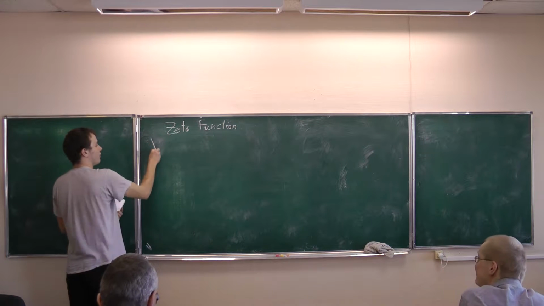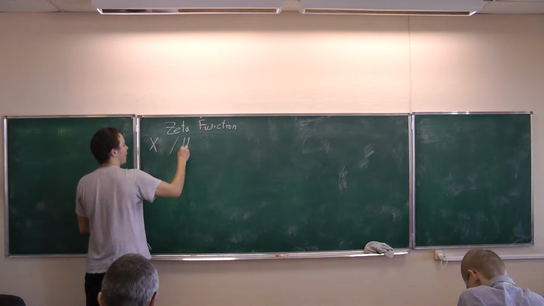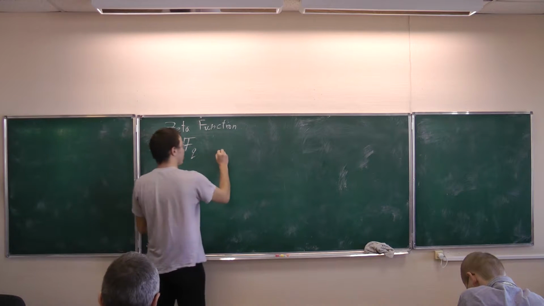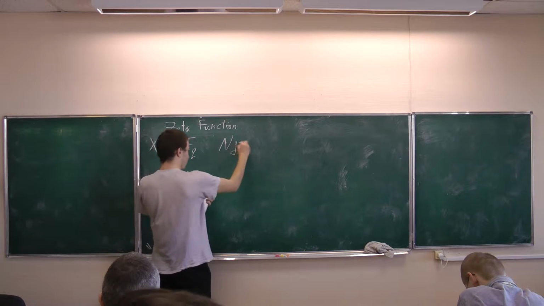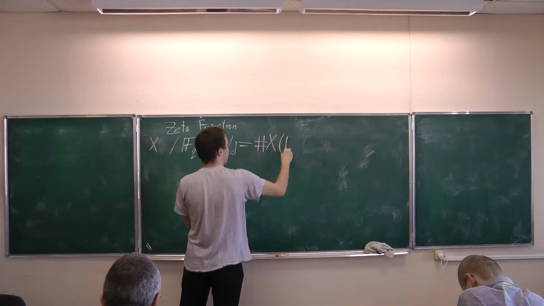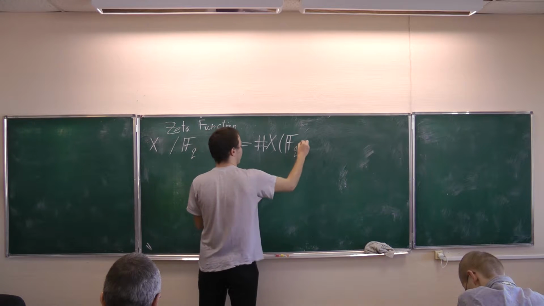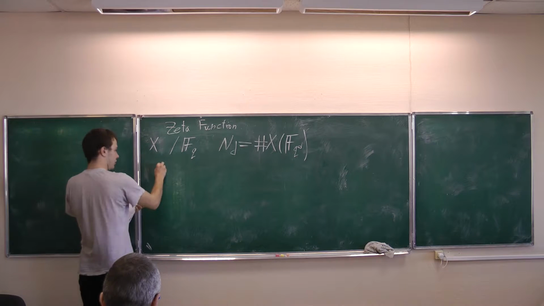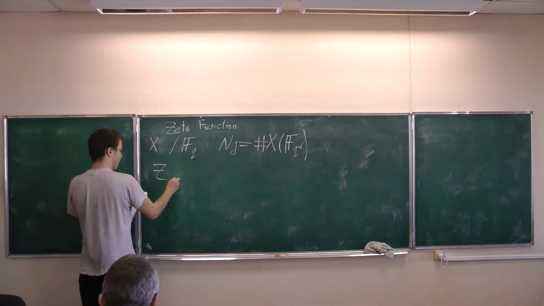We consider an algebraic variety over a finite field F_q. Then we can count the number of points. By N_d, we denote the number of points over the extension F_{q^d} of this finite field. We can write the following.